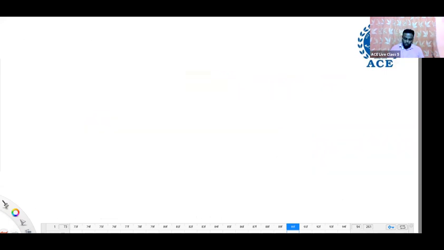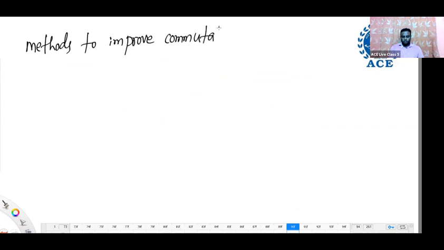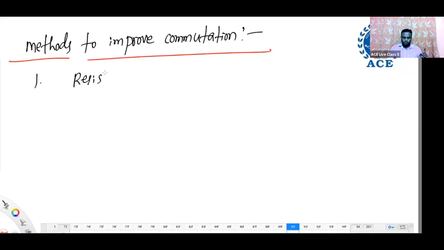Right. Side heading, methods to improve commutation. So with this, the commutation topic will be completed. So there are three methods to improve commutation. One is resistance commutation.